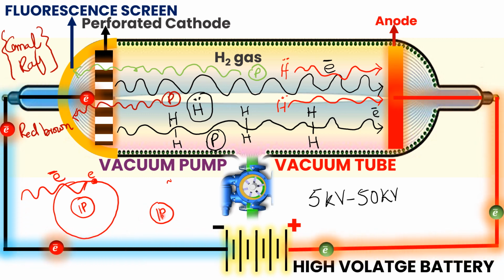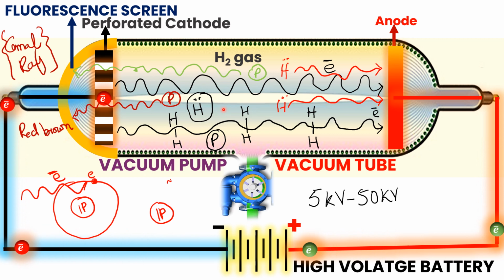Due to this, proton rays, or protons, are only produced from hydrogen atoms, whereas if all other atoms produce canal rays, these canal rays will only be positive rays, but they will never be called protons. So dear student, this is all about the discovery of protons.